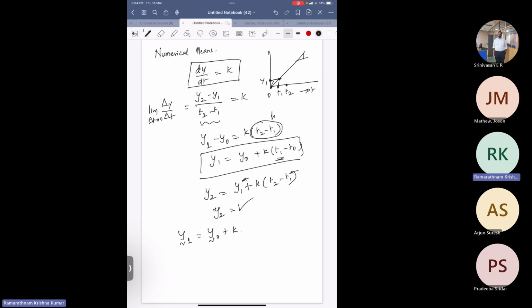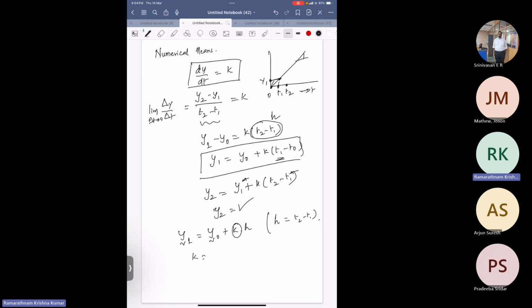Usually the language is to call this h, where h is equal to t2 minus t1. That's all. So k can be anything. K can be very complex, more complex than this. Doesn't matter, some k into h.